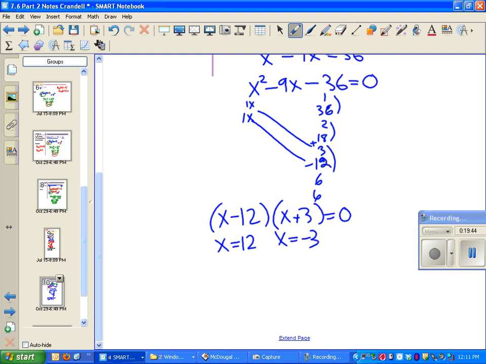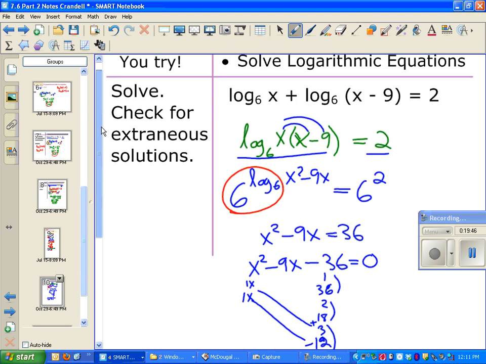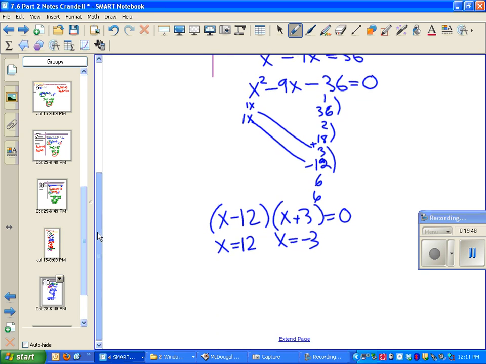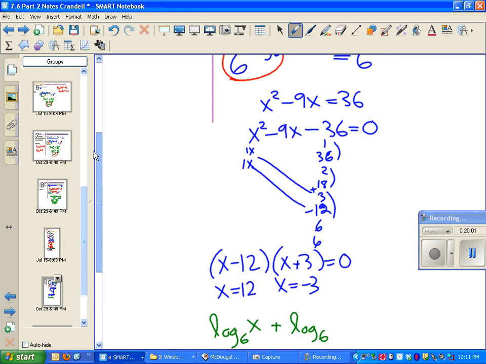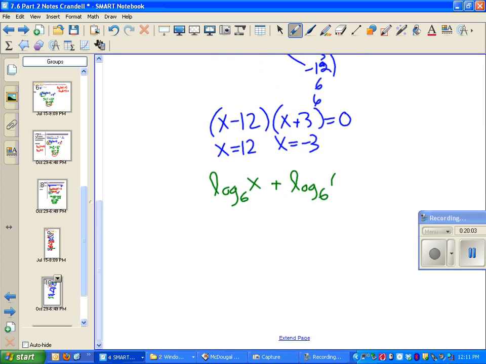And then I got to check them. So my original was log base 6 of x plus log base 6 of x minus 9 equals 2.